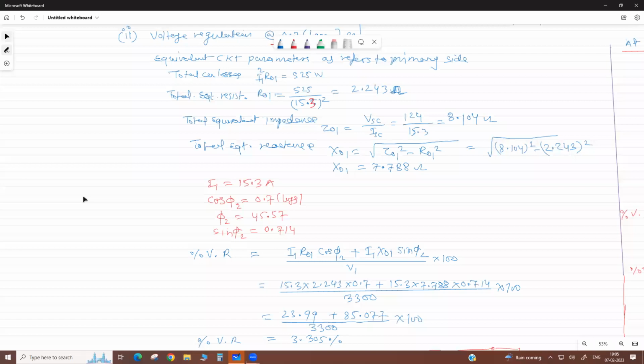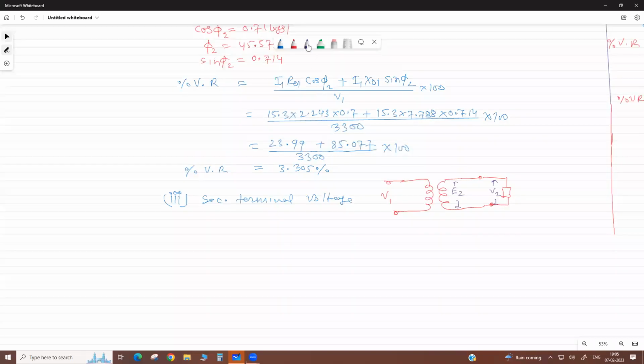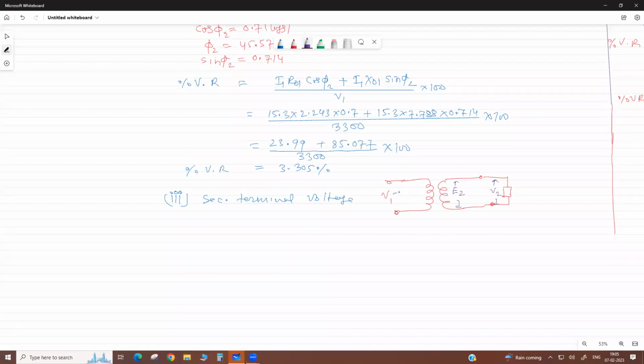Actually, these voltages are given here. This V1 is given as 3300 rated voltage. Suppose it is the no load voltage; here it is 415 volt. Then what is V2? In the equivalent circuit referred to the secondary side, this is the magnetizing branch, suppose.